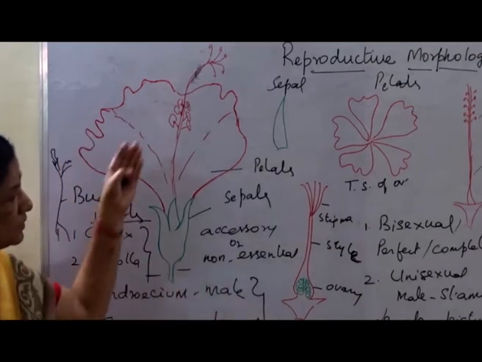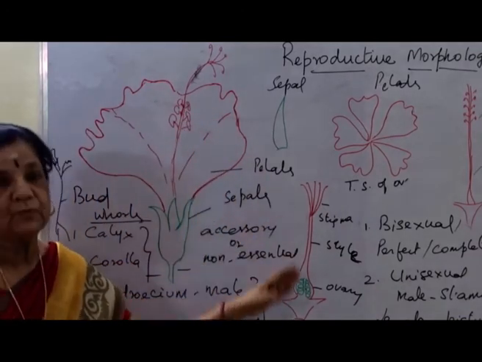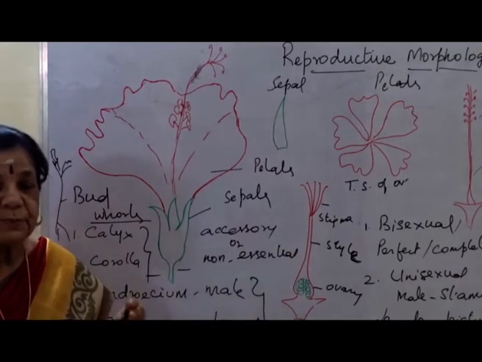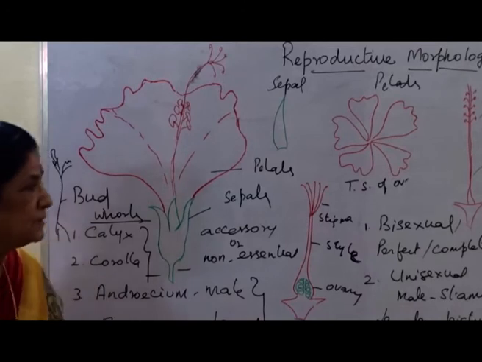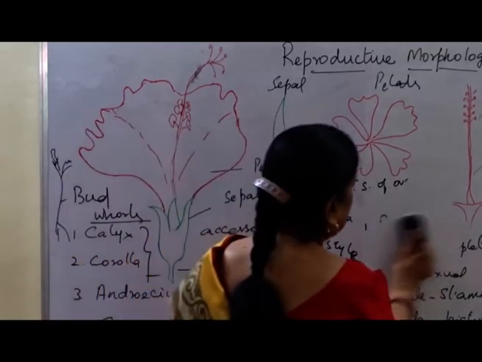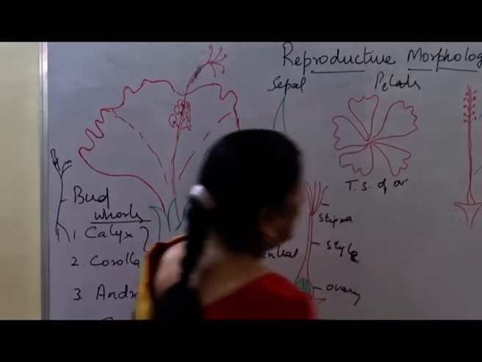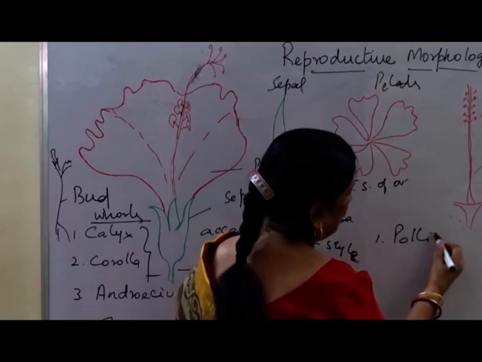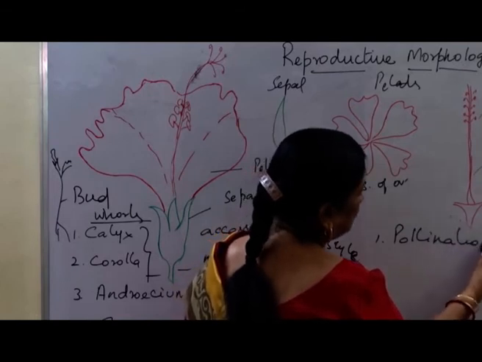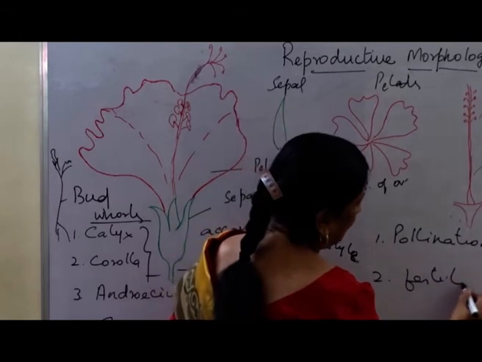Now after the maturation of the flower, the next process is formation of fruit. For the formation of fruit, there are 2 processes to be taken: one is pollination and another one is fertilization.